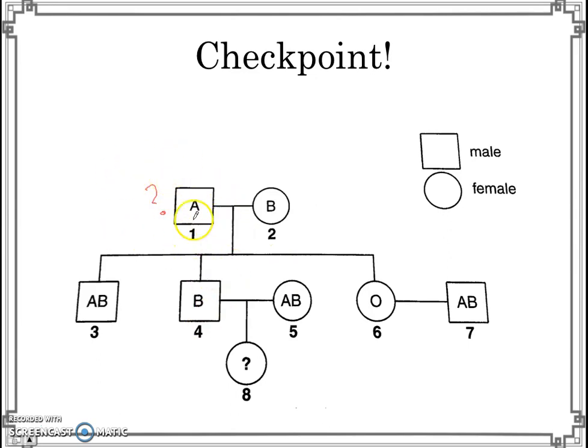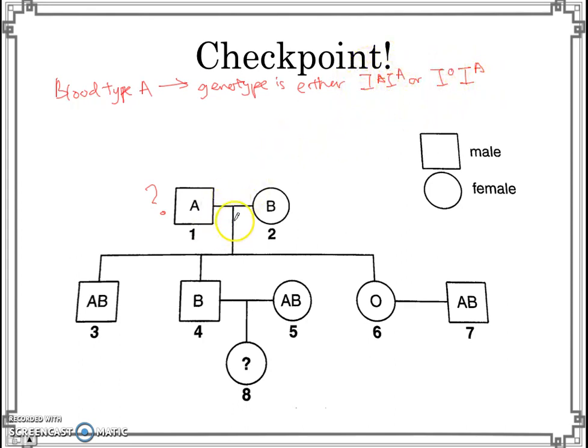Well, the first thing you have to say is that because person 1 is blood type A, his genotype is either IAIA or IOIA. However, what clues do we have? We know it's either IAIA or IOIA.